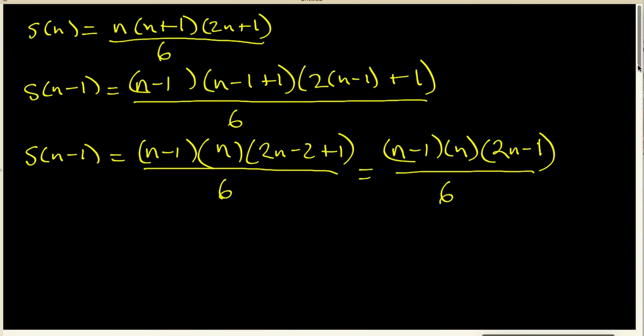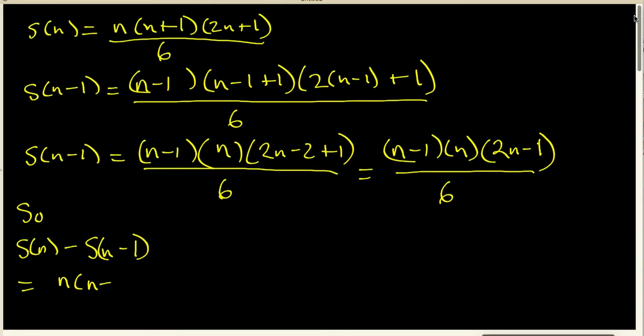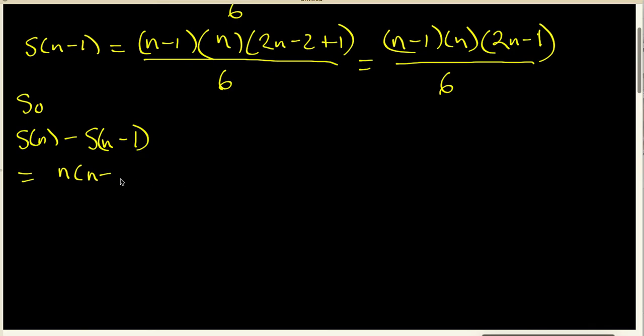So let's now look at Sn minus Sn minus 1. I've got to go back and check Sn. So Sn is n times n plus 1, ooh, my handwriting's letting me down, let's just start over.